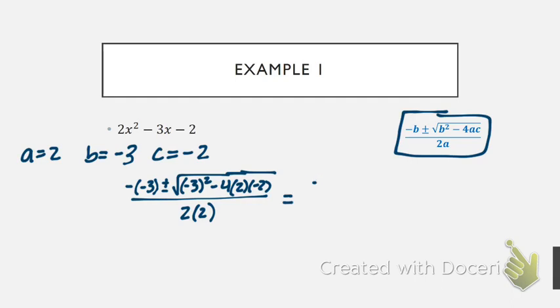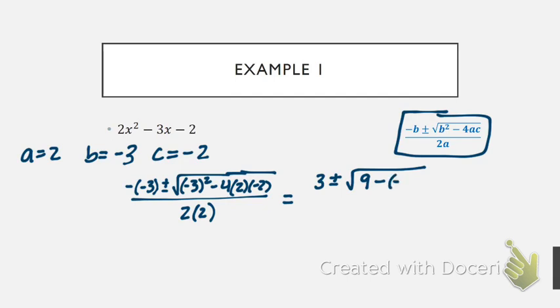So here negative 3 out front is just positive 3. Negative 3 squared is 9. 4 times 2 times negative 2 is negative 16.